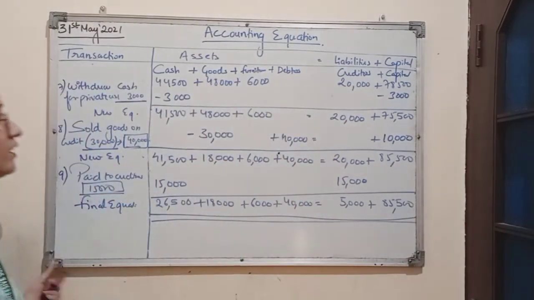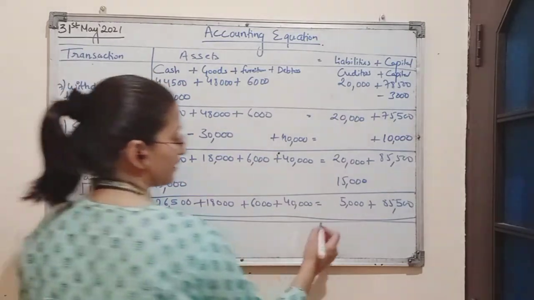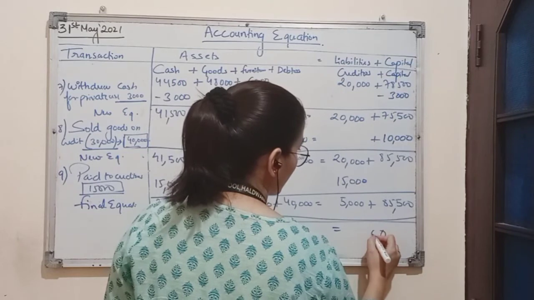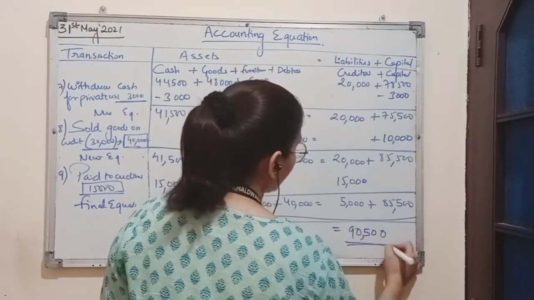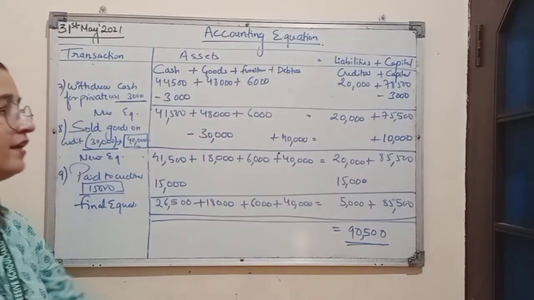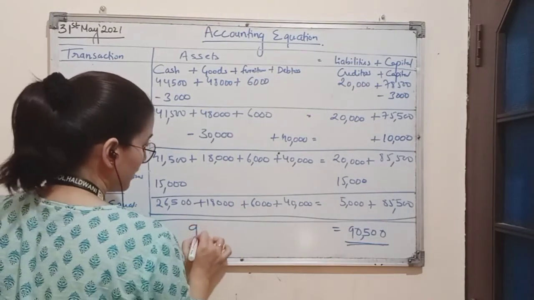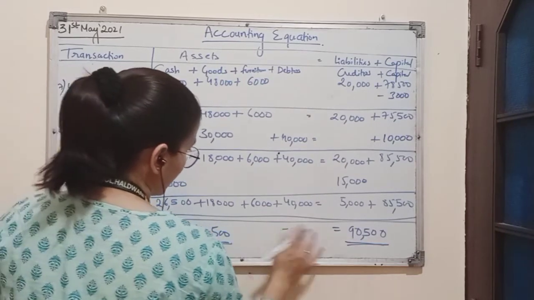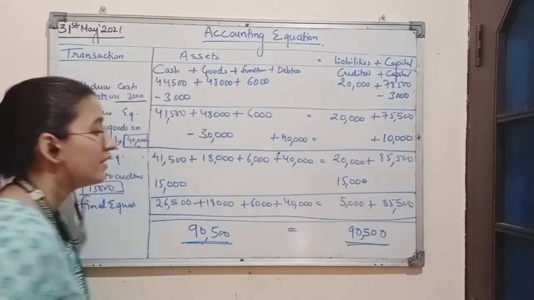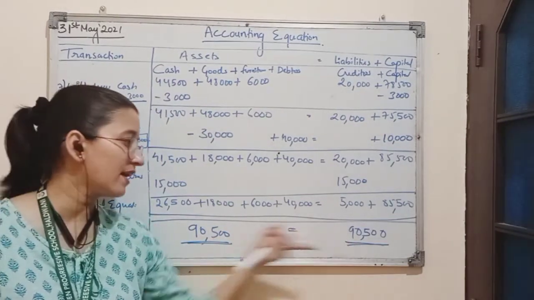Now if we total the asset side and liability side, we will get the amount 90,500 as the liability side, and the same amount here, 90,500, on the asset side. So here it is proved that the asset side and liability side are equal.